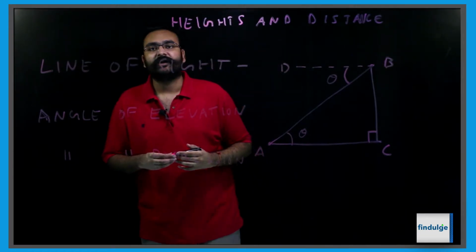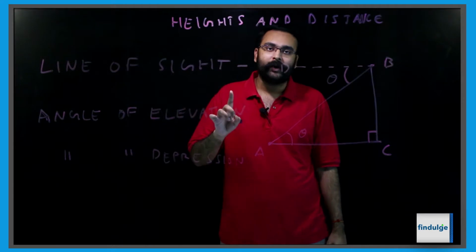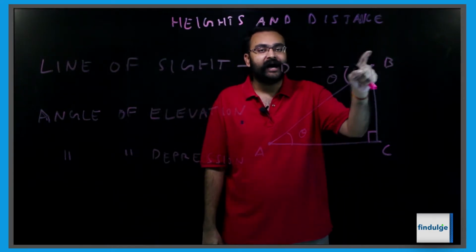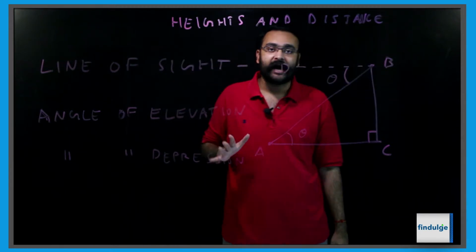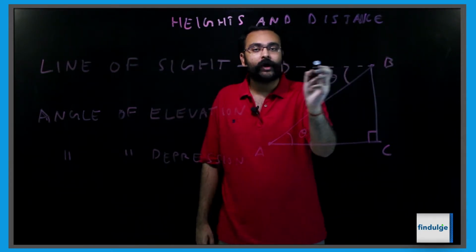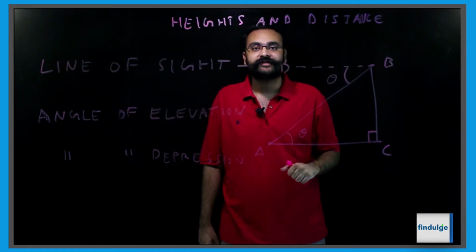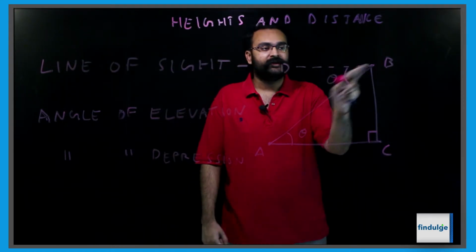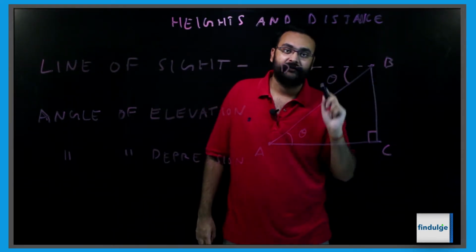And just like the angle of elevation, the angle of depression is always drawn at the higher of the 2 points. So in this case, B is the higher of the 2 points. We draw an imaginary parallel line there, create the angle with the line of sight, and we get the angle of depression. It is never this angle.